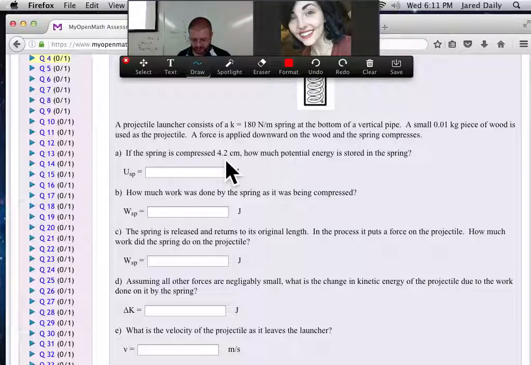So it's compressed 4.2 centimeters, and a half times 0.042 times 180. That's 1/2 kx. So I'm going to say that this is 0.159.